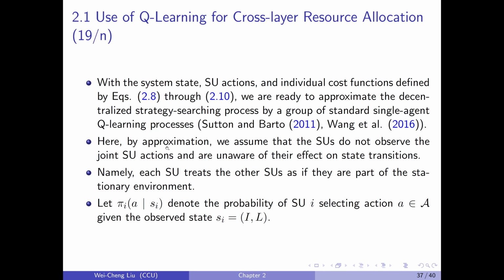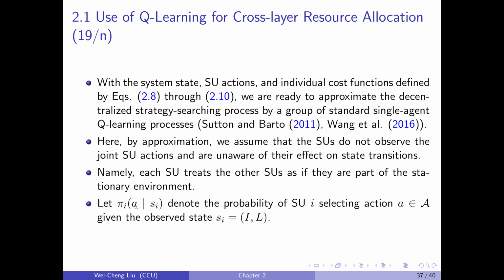Here, by approximation, we assume that the secondary users do not observe the joint secondary user actions and are unaware of their effect on state transitions. Namely, each secondary user treats the other secondary users as if they are part of the stationary environment.